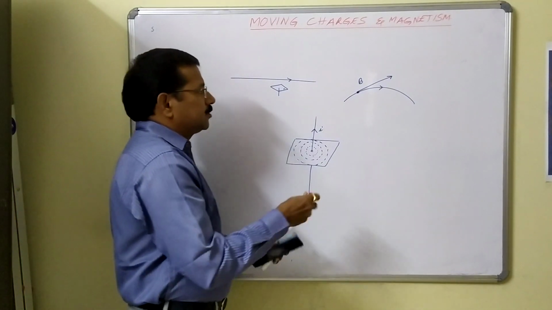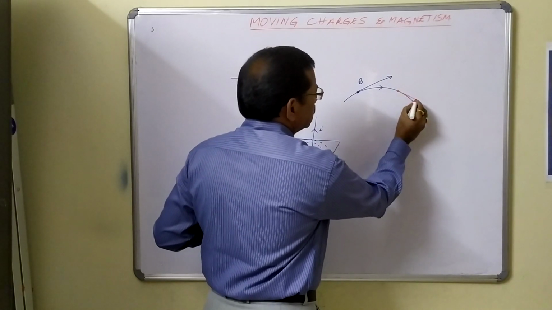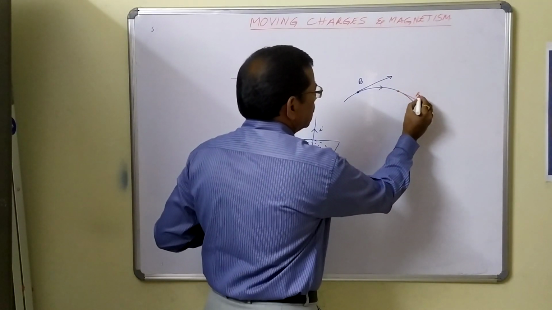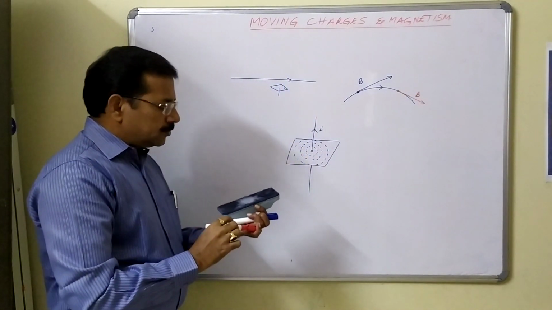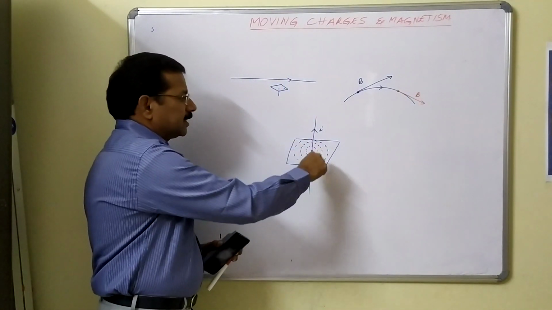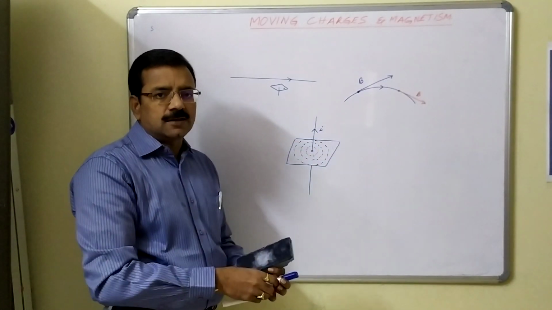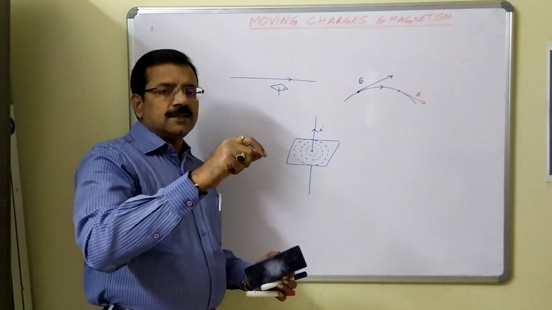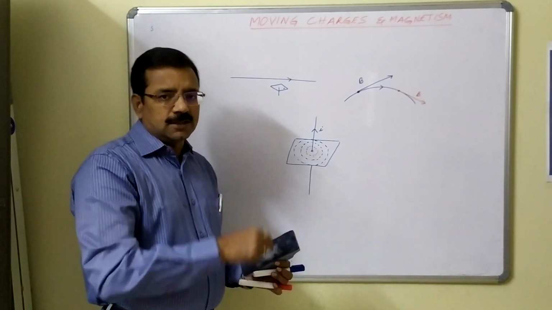If you draw a tangent here, it indicates the direction of magnetic field induction at that point. So here also, if you draw a tangent to any one of these concentric circles, the tangent represents the direction of magnetic field induction at that point.